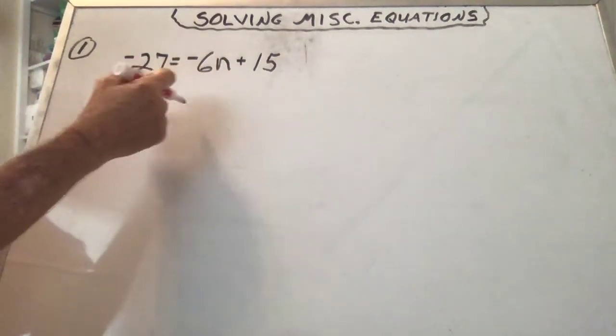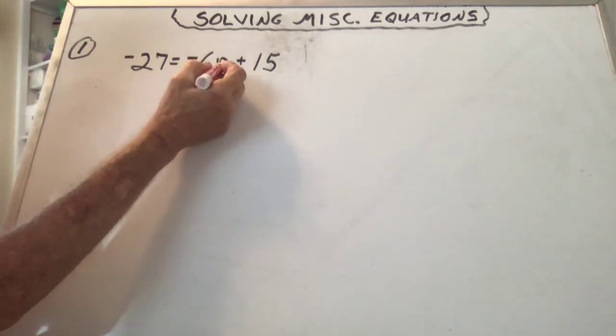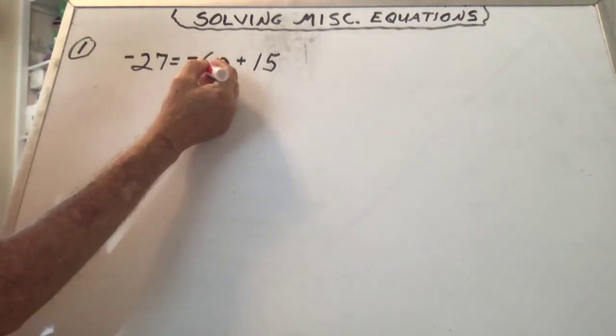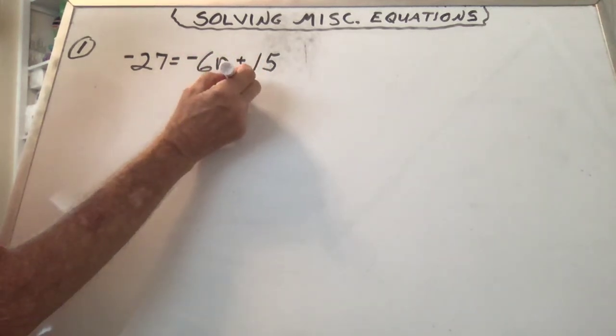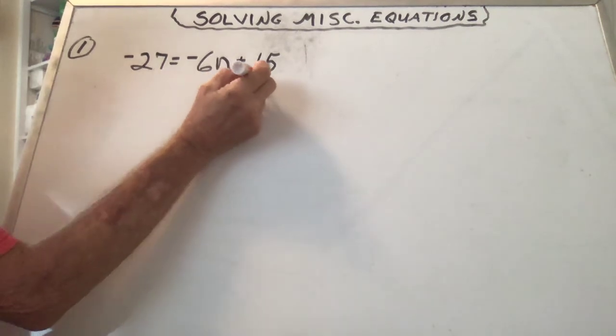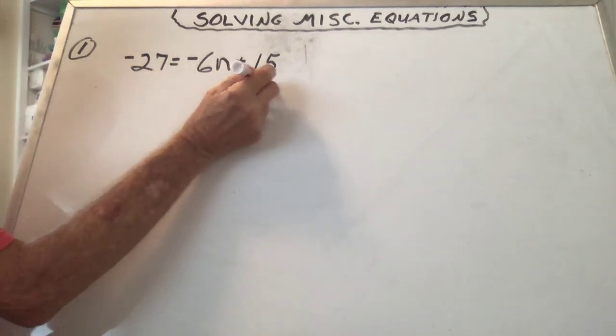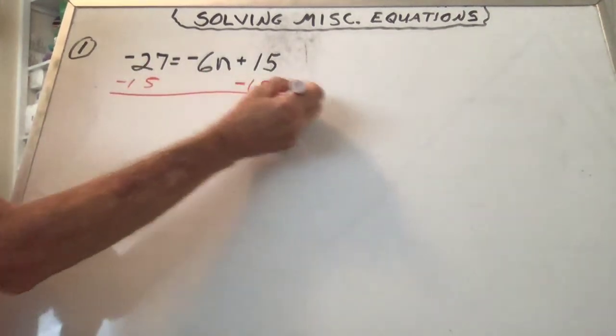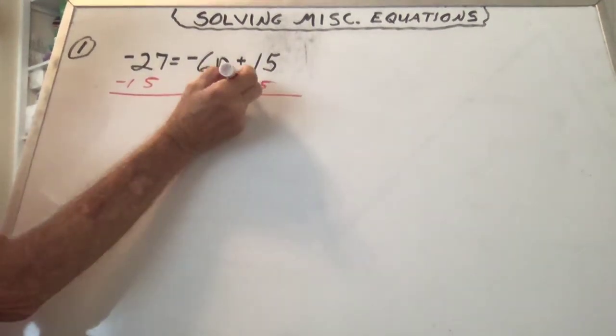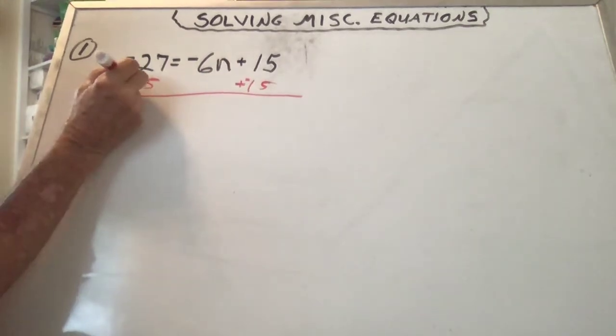So you don't think left and right, you think, where's my variable? Before I get rid of anything multiplying or dividing, I get rid of the subtraction or addition. So this is add 15, so I'm going to subtract 15. Or you can think plus negative 15, which means the same thing.